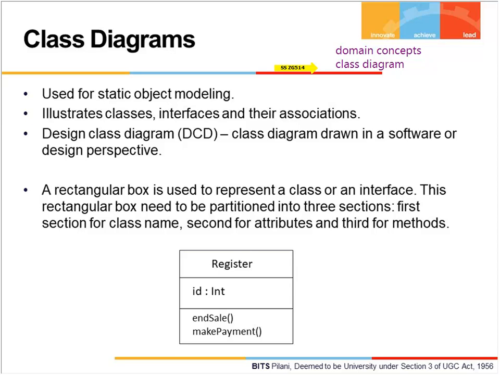And in the class diagram, you depict not only the real world attributes, but also the software attributes that your particular class will have, along with the various operations that this particular class has, right? So this is what you capture in a class diagram, okay?